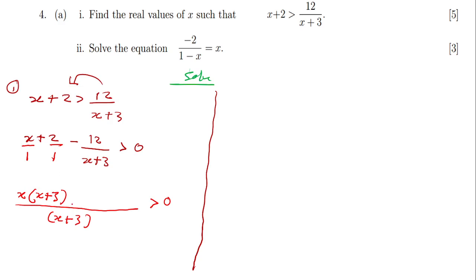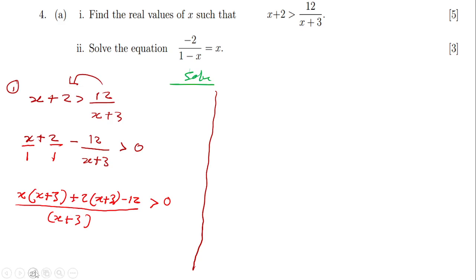Then this one will be plus 2 times 1 into that, it is that, so that times 2, so I'll write x plus 3. Then I'll say minus 12, because x plus 3 into x plus 3 is simply 1. 1 times negative 12 is simply equal to negative 12.